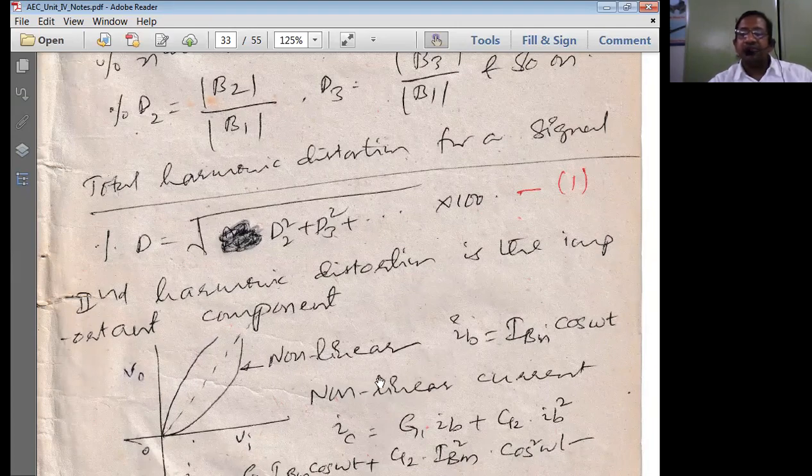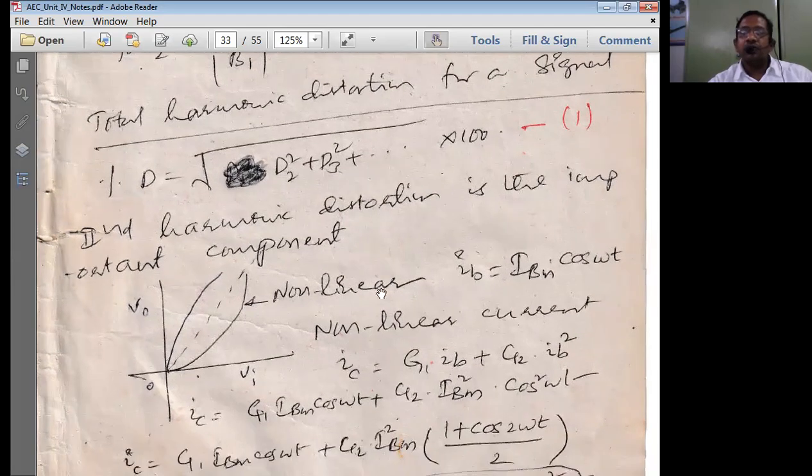Obviously, the output is also going to be non-linear, which does not vary in proportion to the input. There will be some variation between the amount of variation in the output with respect to the amount of variation in the input. That is what is called non-linearity.